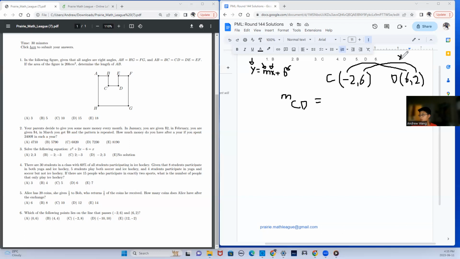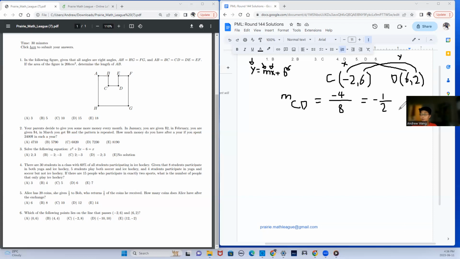So change in y value is essentially the difference. So take the y, 2 minus 6 is -4, and the change in x value is 6 minus -2. 6 plus 2 is 8. So essentially, the slope is -4/8, which is -1/2.